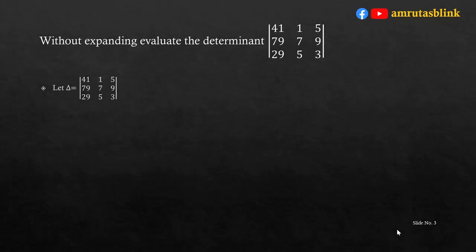Let delta be equal to this determinant. Now if we rearrange it by using C1 becomes C1 minus 8 into C3: 41 minus 8 into 5, that is 41 minus 40, is equal to 1.